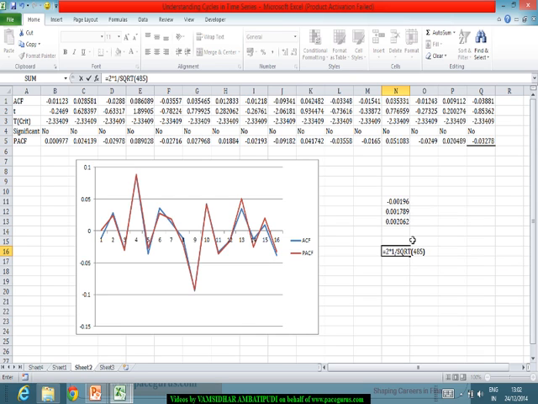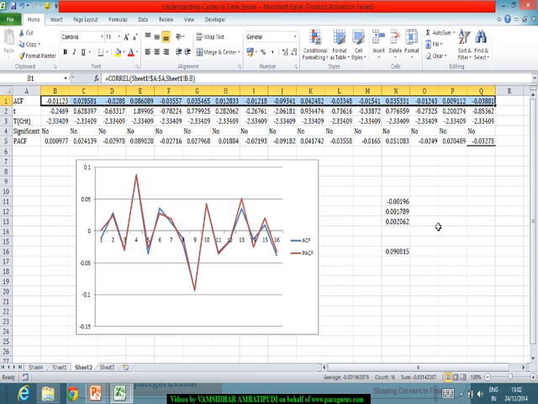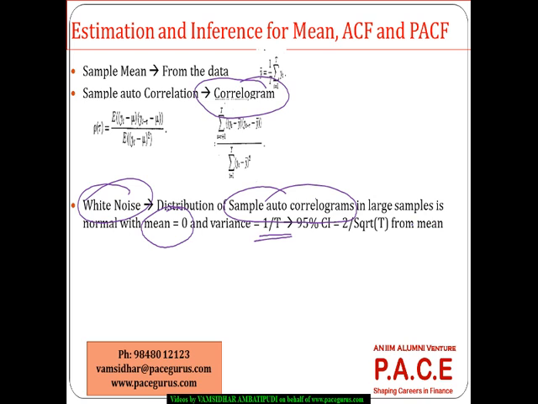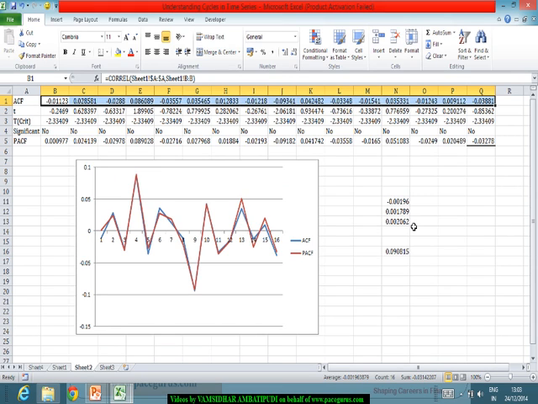So they should be in the range of plus or minus 0.09. Majority of the autocorrelations are in the range of plus or minus 0.09 itself, which is a very clear indicator that this is as good as white noise only.